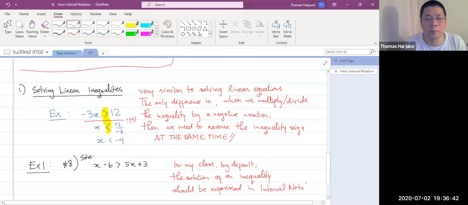What I showed you up there earlier. Unless I tell you otherwise. Unless I tell you, okay, graph it. Then you give me the interval notation first, then you graph it.